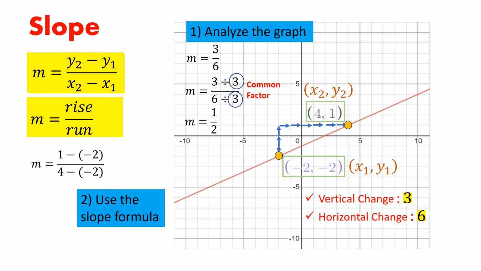The slope would be equal to 1 minus -2 all over 4 minus -2, which is also 3 over 6. Simplifying, we get the slope to be equal to 1/2. So, it doesn't matter which technique we use to determine the slope of the line.